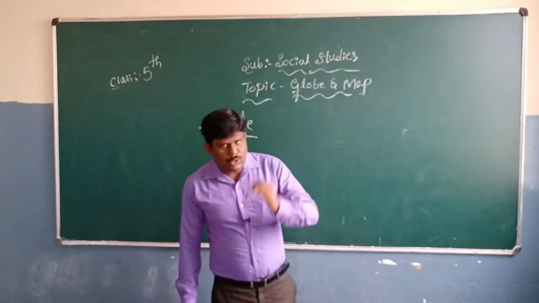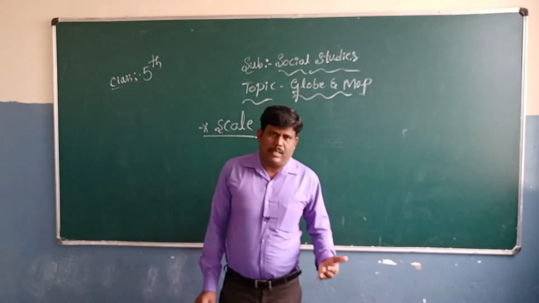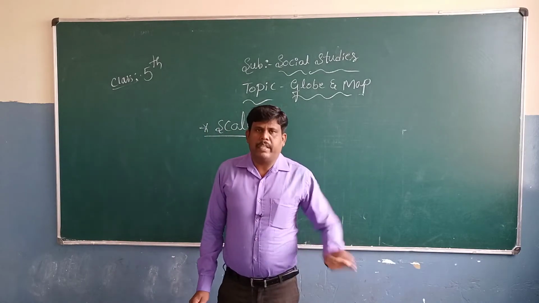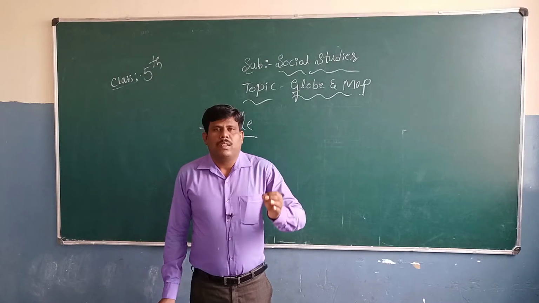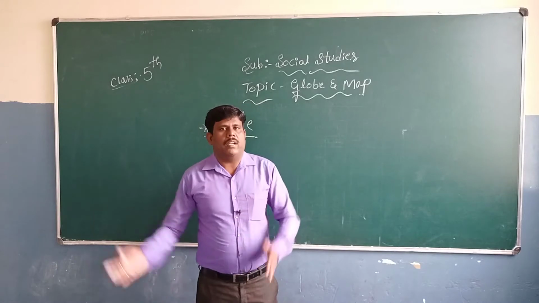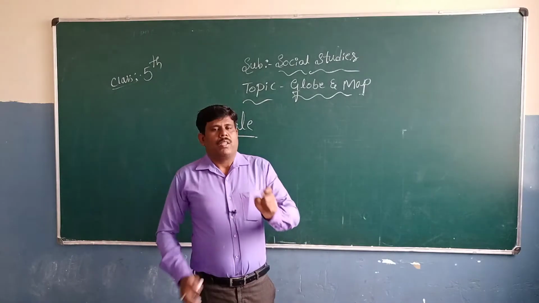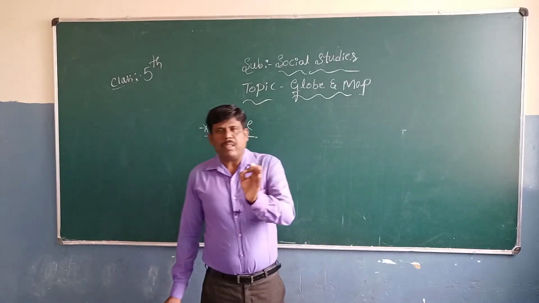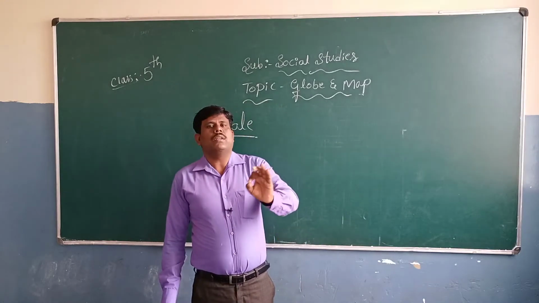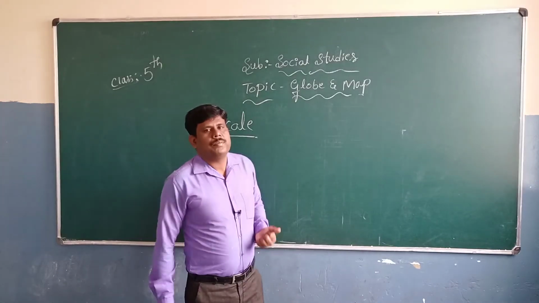The map and globe scale give the actual distance on the place, and it gives the ratio between the real ground and the map. So this small ruler shown on the map is what we call scale.